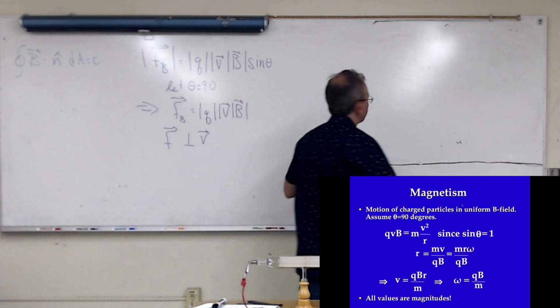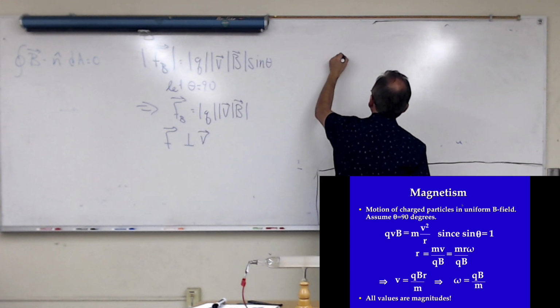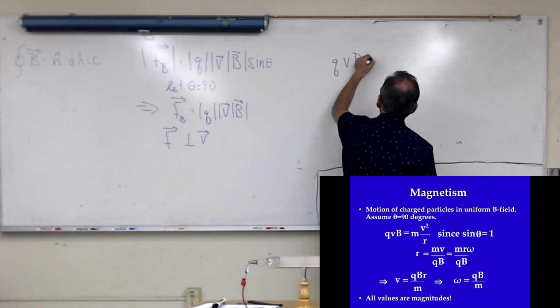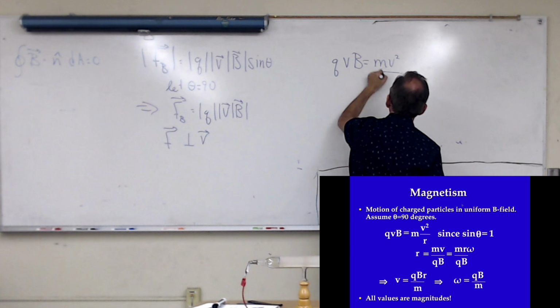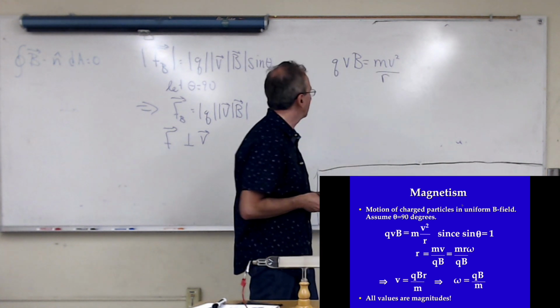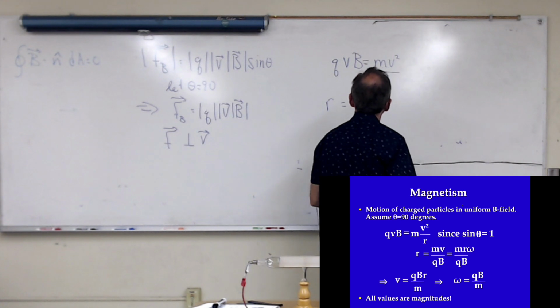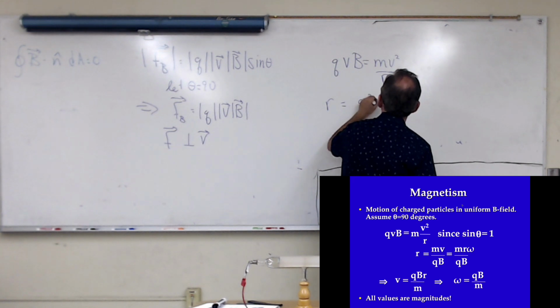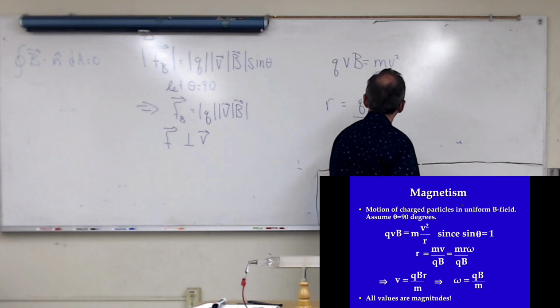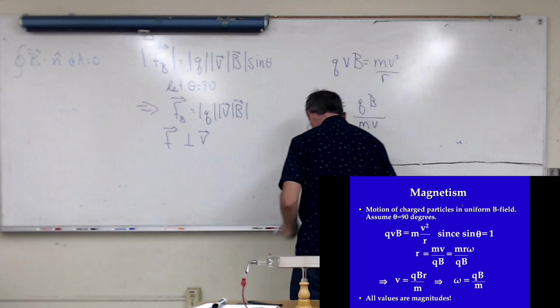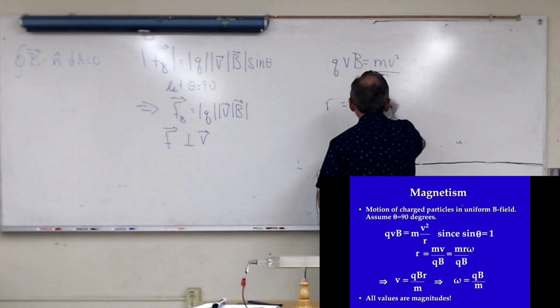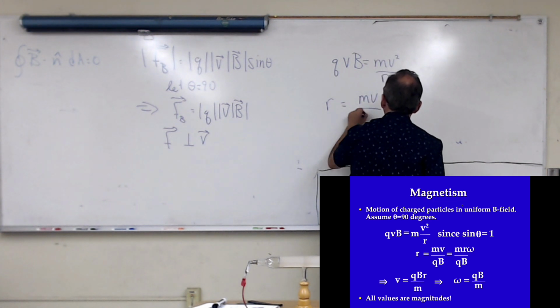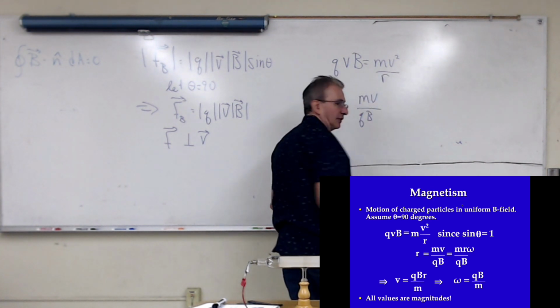Okay? You have a centripetal acceleration. And so I'm going to assume these are all magnitudes. QVB is mv squared over r. And then you can write r is... one second... QB over mv, or I'm sorry, I have it backwards. r is mv over qB.